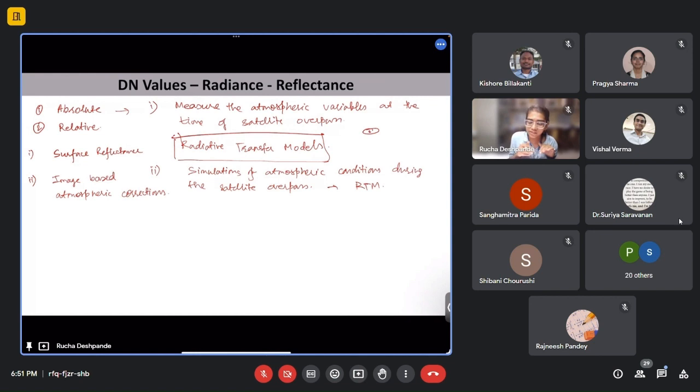This method does not remove the atmospheric errors completely, but it can help reduce the atmospheric errors. There can be various methods of doing image-based correction. So I'll just talk about one of the methods. It's dark object subtraction.